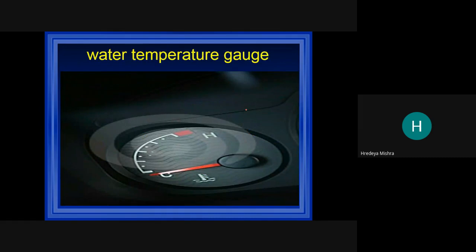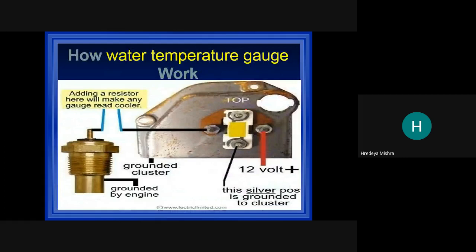Water temperature gauge. How does the water temperature gauge work? Adding a resistor here will make any gauge read cooler. Here a 12-volt battery is applied.